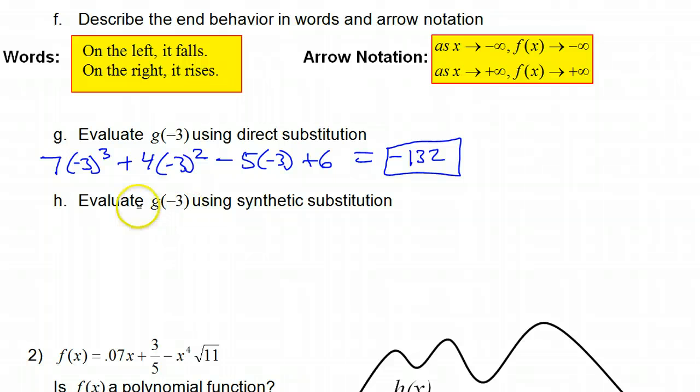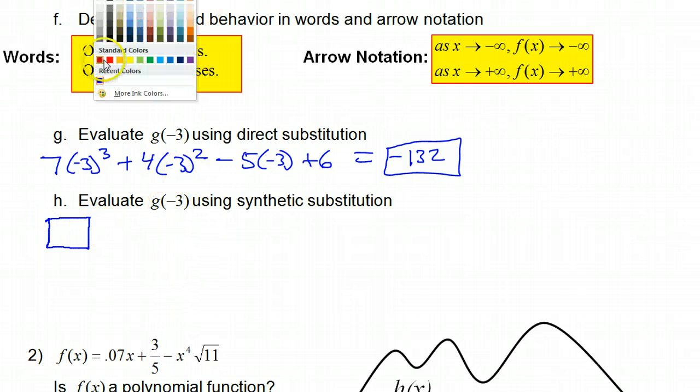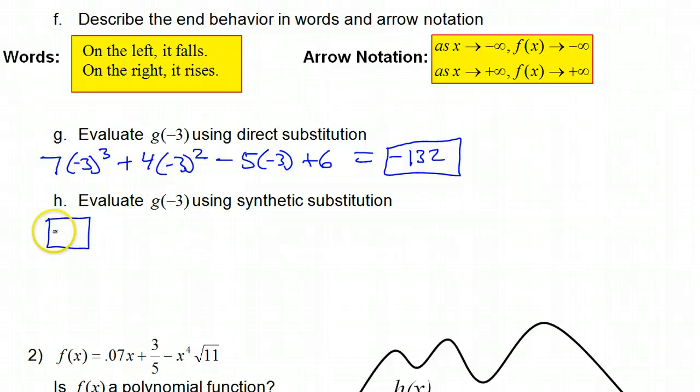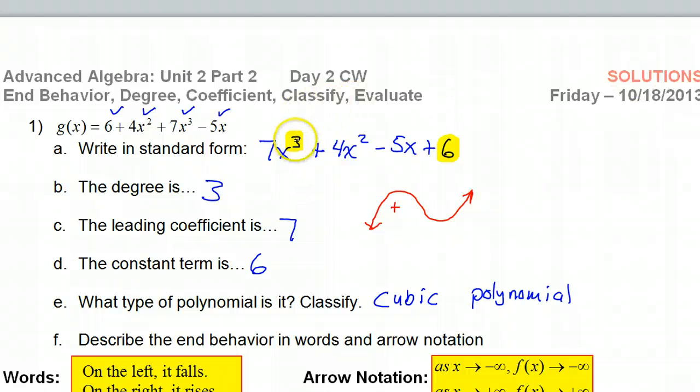Okay, so synthetic substitution, you start off with a box. And inside that box, you put the number that you're going to be plugging in. So negative 3. Then you put all your coefficients, making sure that you're not missing any. If any are missing, we'll need zeros as placeholders, but here I have 3, 2, 1, 0, so nothing seems to be missing.